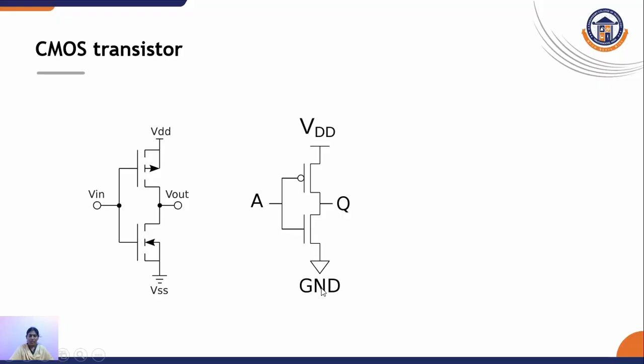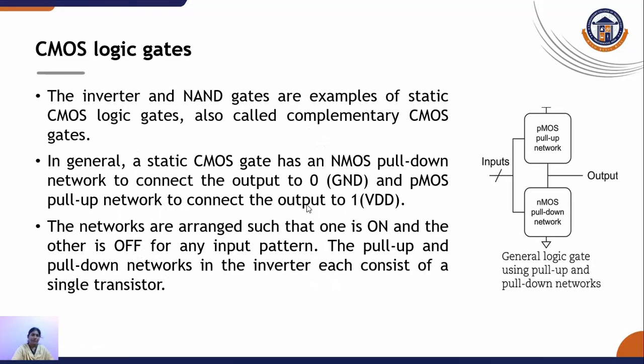The NMOS source is connected to ground. The PMOS drain and NMOS drain are connected together, and from this point we take the output. This combination of NMOS and PMOS is named a CMOS transistor. This is also named a CMOS inverter.